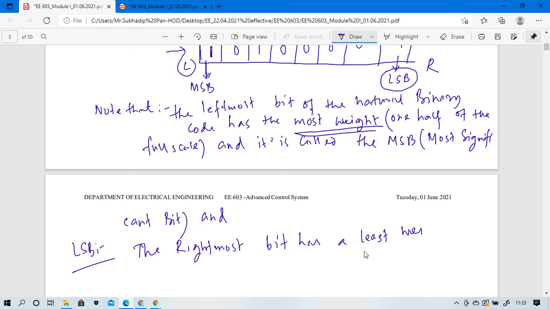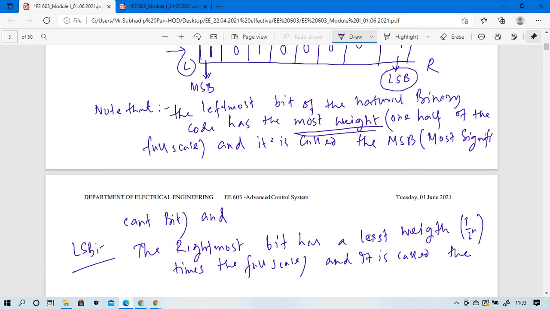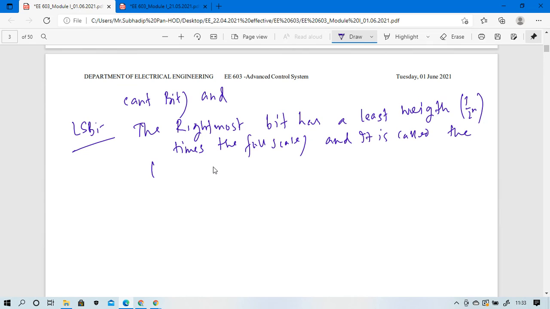It is supposed to be 1 divided by 2 to the power n times the full scale, and it is called the least significant bit, or it can be shown as LSB.